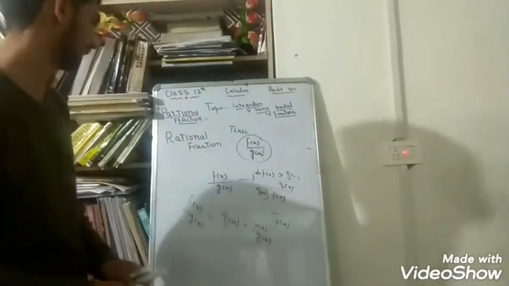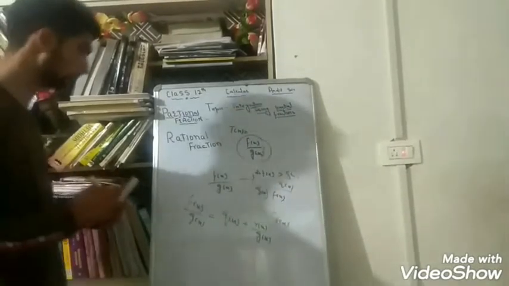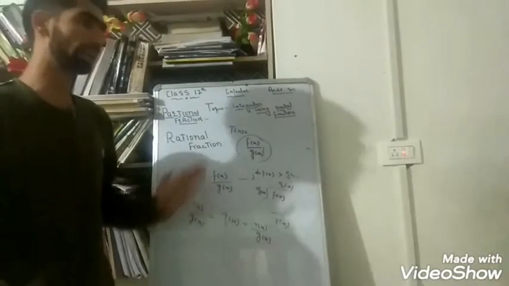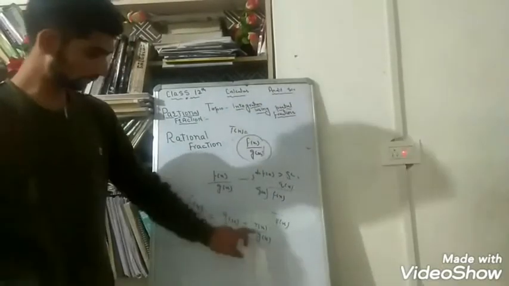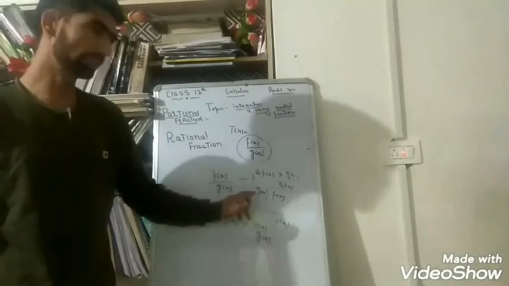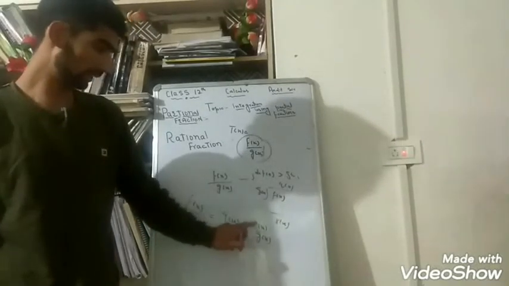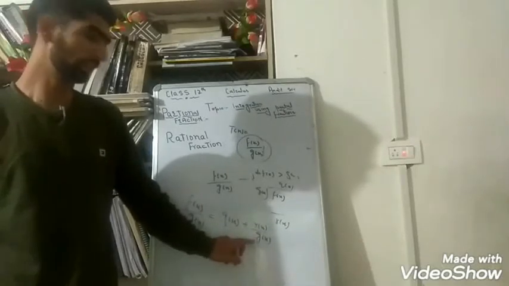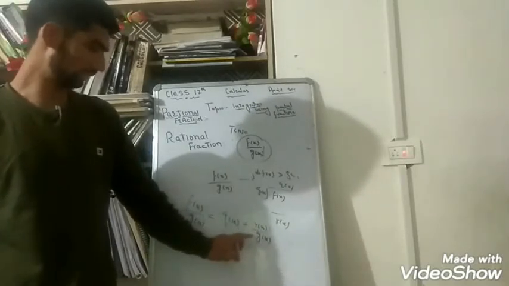So if we have an improper rational fraction, we can write that fraction as the sum of... You check here, first this is r(x), and we know that the remainder has degree less than the denominator.